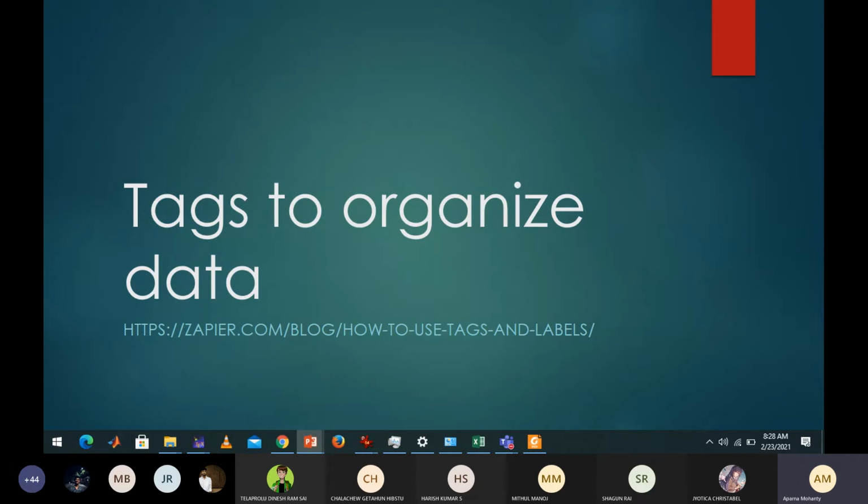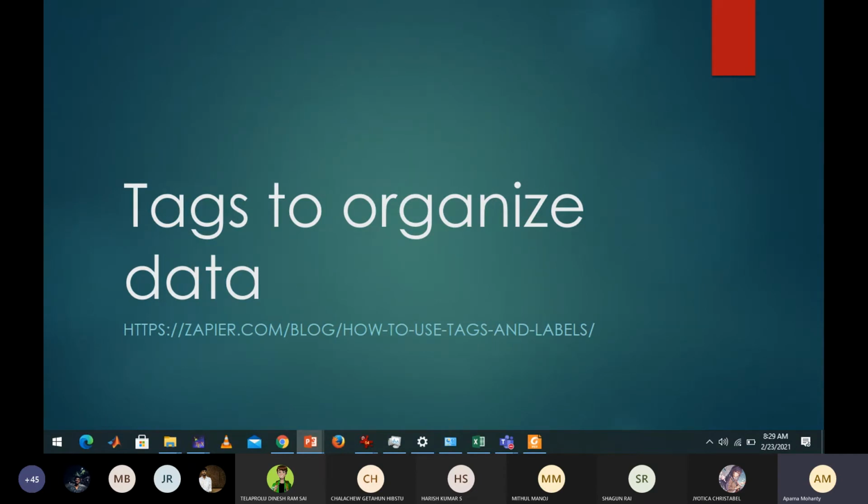Tags are used to organize data, and this is found to be more efficient than keeping it in folders. Suppose you have gone on a vacation and clicked pictures, and you have your images stored on your laptop or desktop in a certain folder. Sometimes you keep searching your system for those folders.